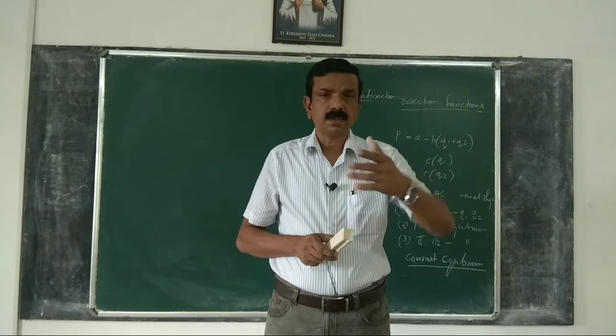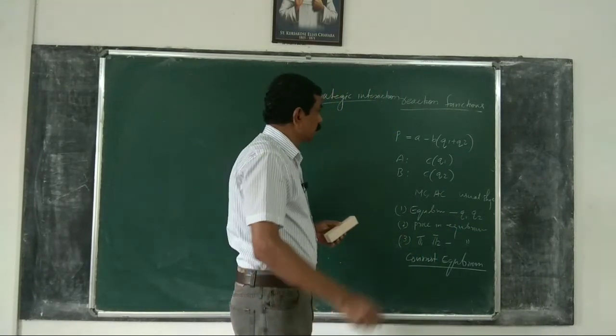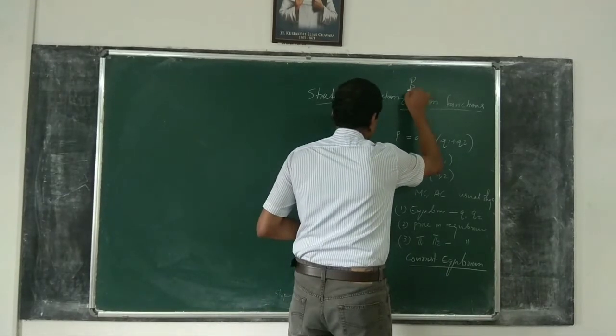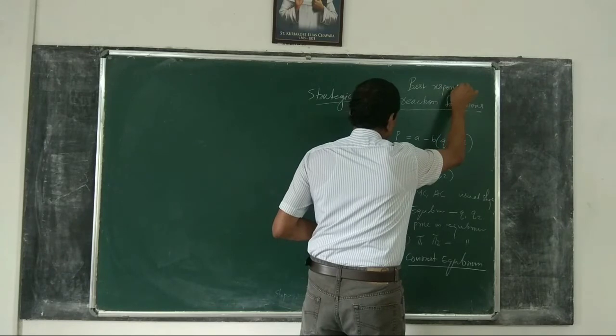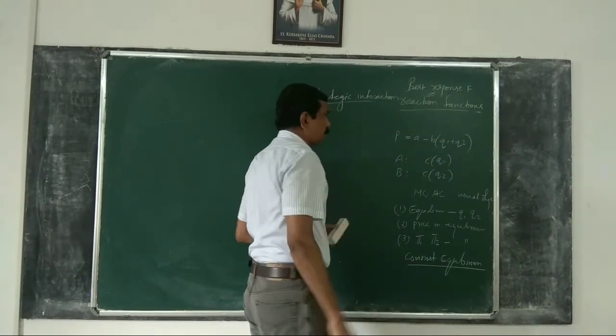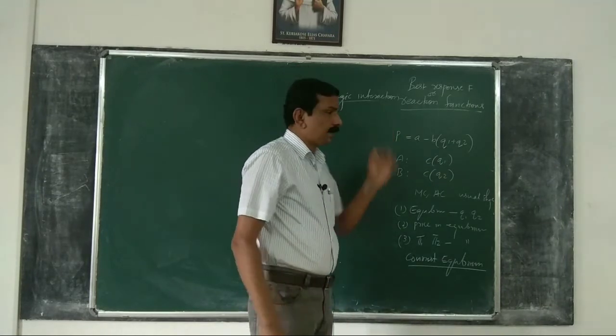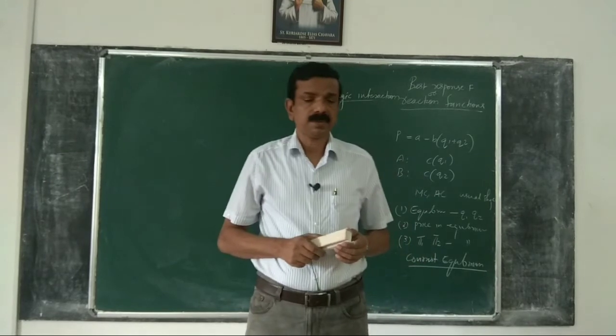Whenever there is strategic interaction, each firm responds to actions of the other firm in some manner. And these responses are summarized into what are known as best response functions, or reaction functions. In oligopoly markets, there is strategic interaction between the firms.